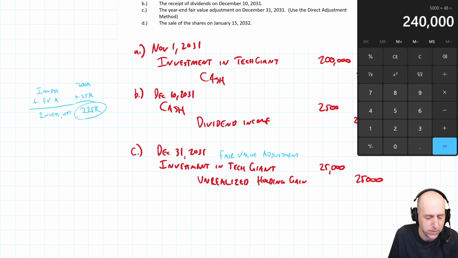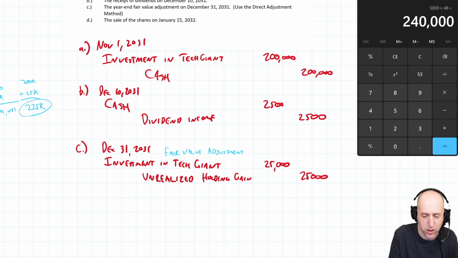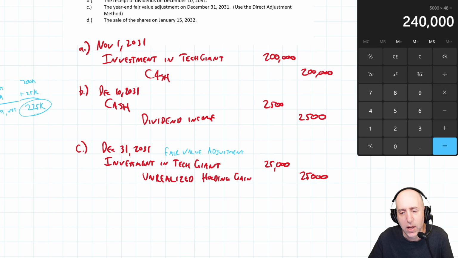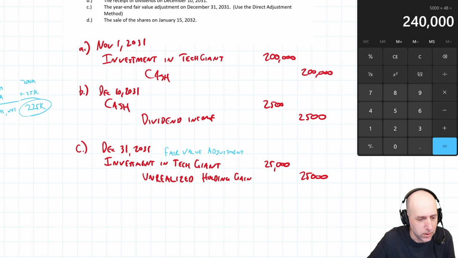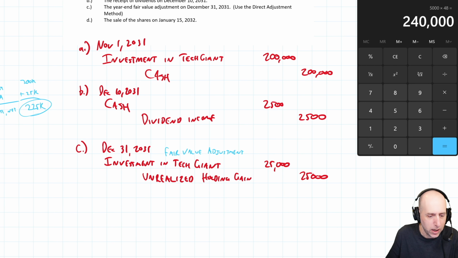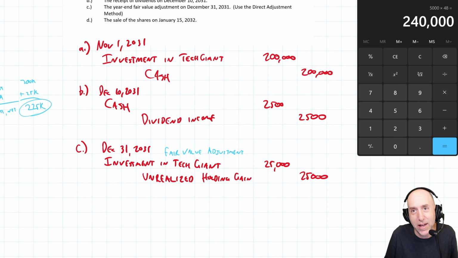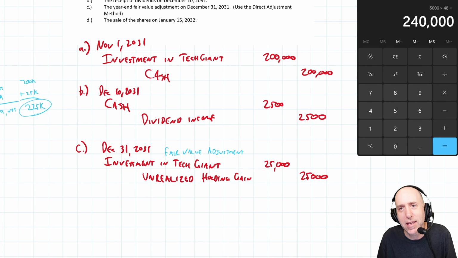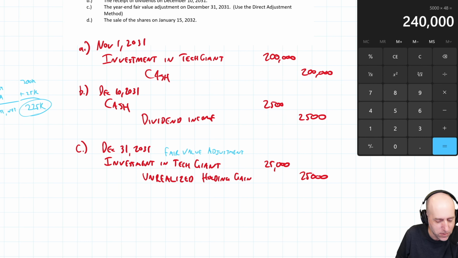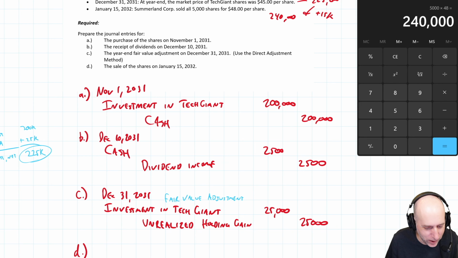You show a $225K account, and I show a $225K account on the financials. Just two different ways to do the same thing. And there are advantages and disadvantages to both. The advantage of doing it my way is it's simpler. The advantage of doing it the blue ink way is when you record capital gains in your taxes, it's easier. It makes it better down the road when you sell.